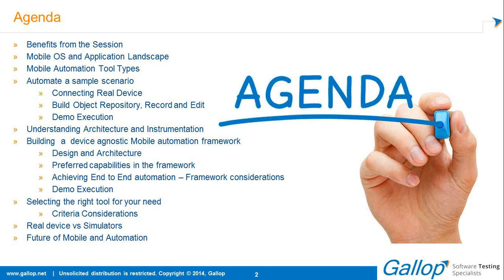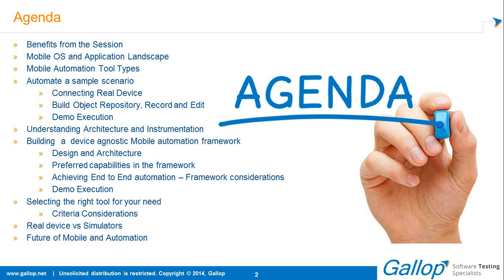mobile operating systems. We'll then get into the details of building an end-to-end mobile test automation framework, what kind of capabilities you would like in an automation framework, and we'll have a demo of how that framework works and looks.